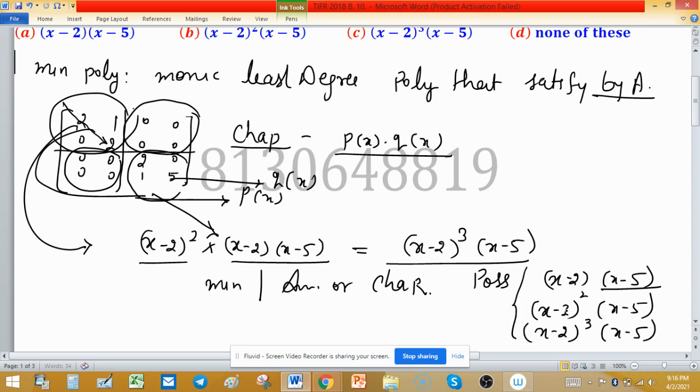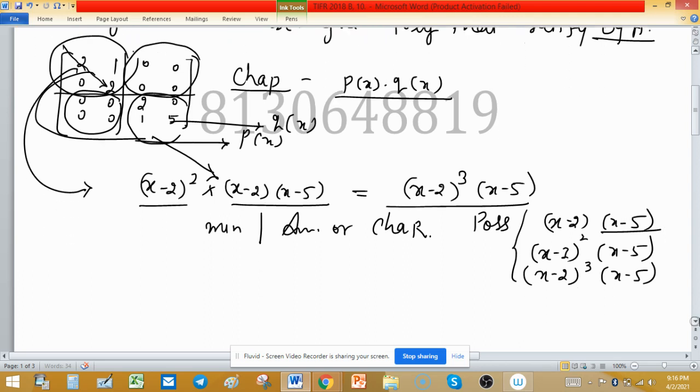These are the only three possibilities for the minimal polynomial, but we have to check which one is correct, which one is the minimal polynomial. So replace x by A and check which polynomial annihilates matrix A.